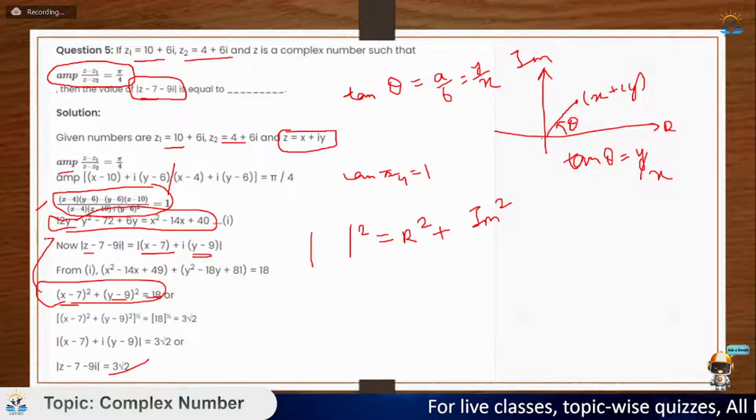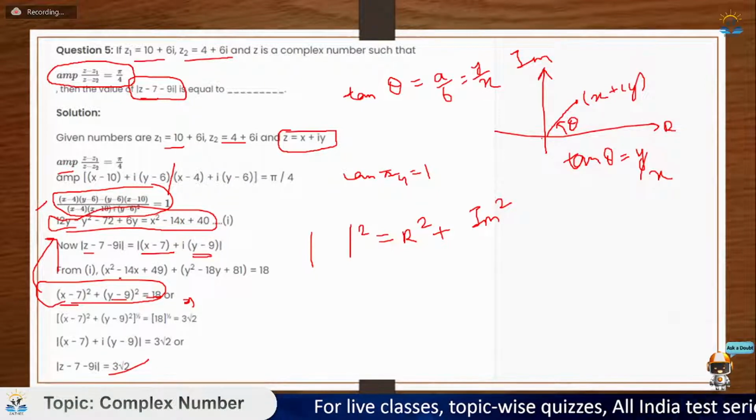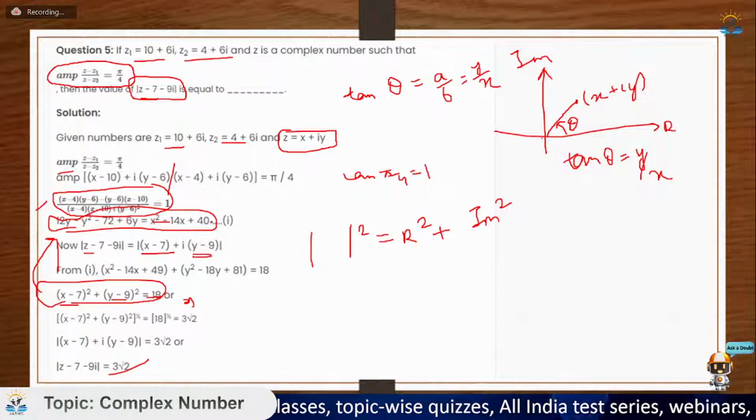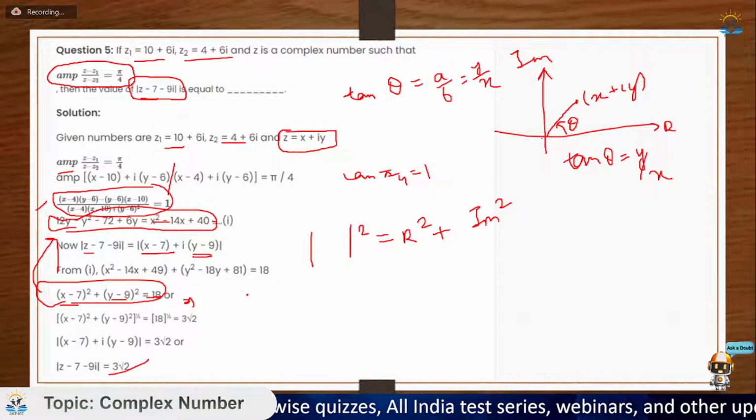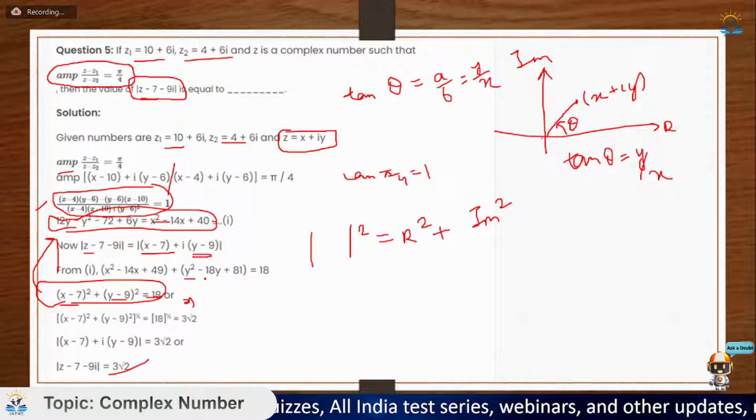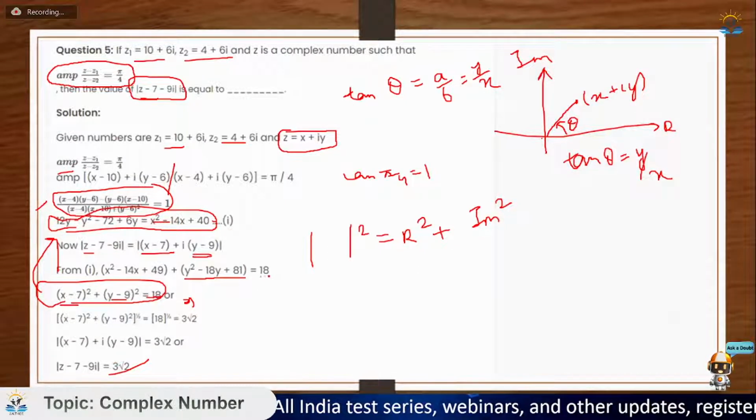From this equation. When you open this equation, you will get x square minus 14x plus 49. So add 9 here. Basically, x square minus 14x plus 49 plus y square minus 18y plus 81 equal to 18.